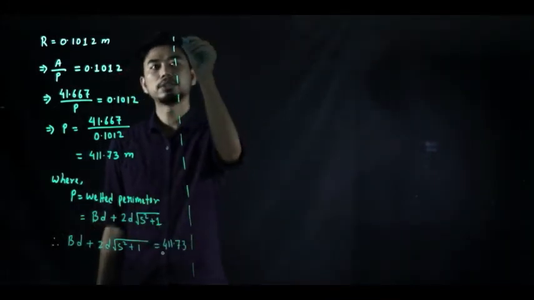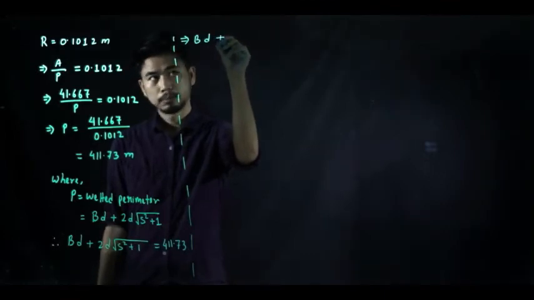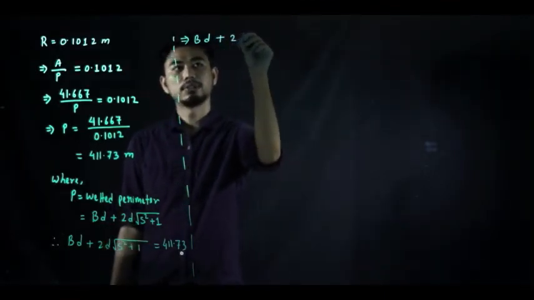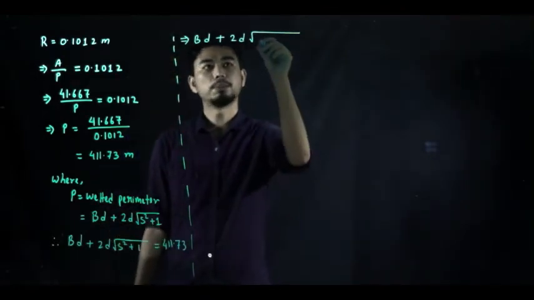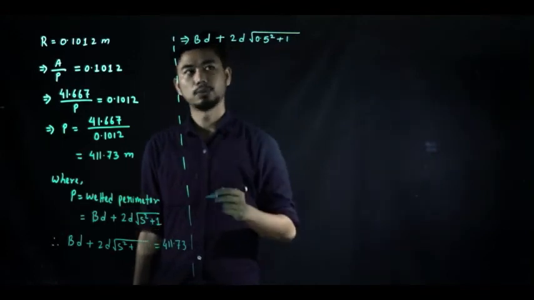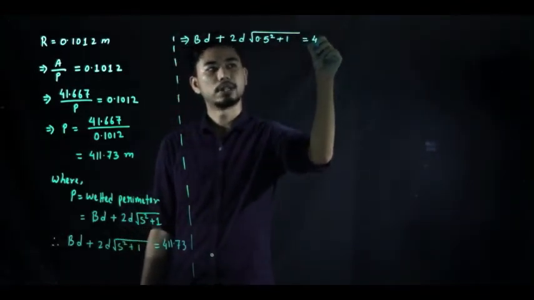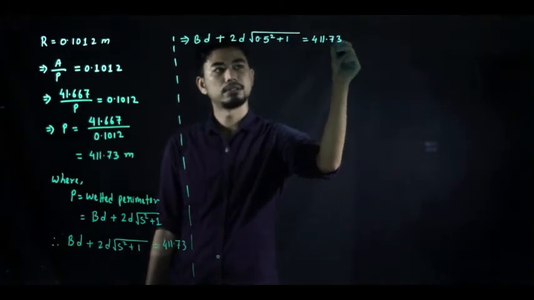Anyway, so let's put in the values. So B is still unknown, D is also unknown, plus twice of D under root S value, it is 0.5 as per the question. So 0.5 square plus 1. So this must be equal to 411.73.